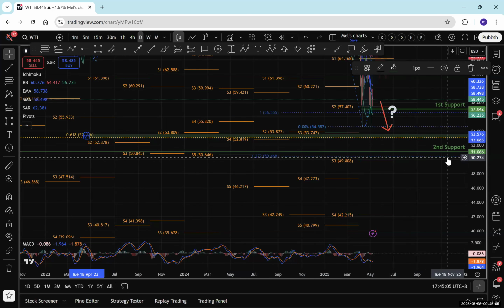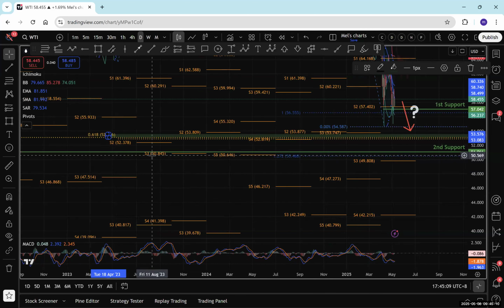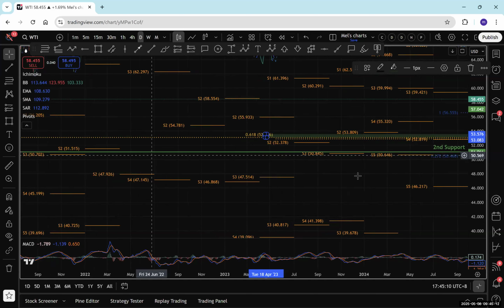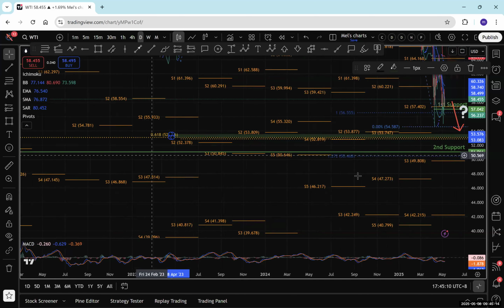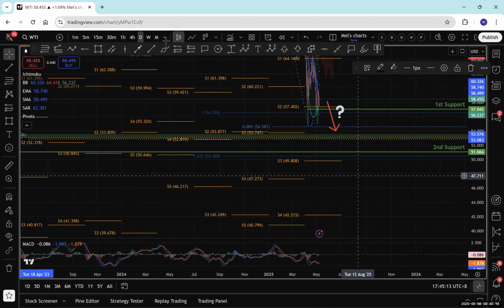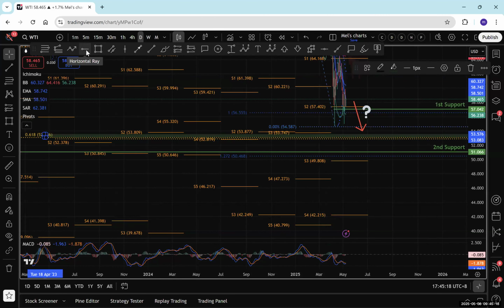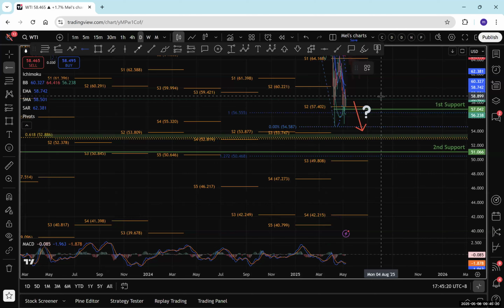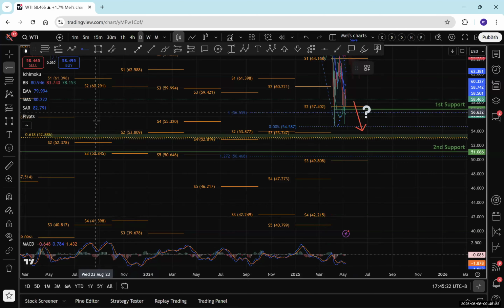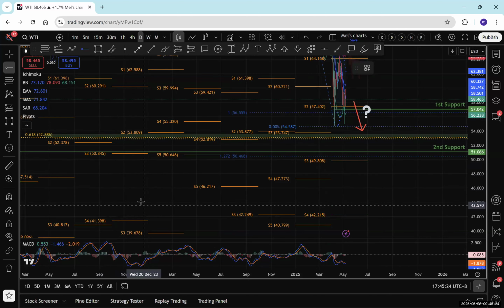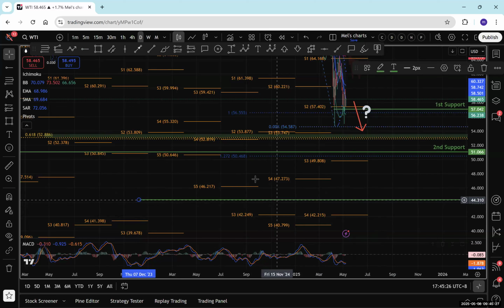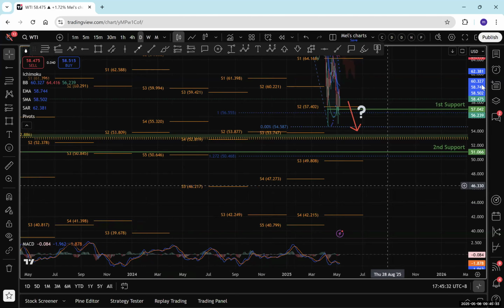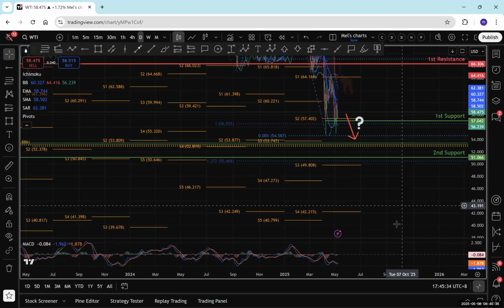My second support, you can see it's supported by the S3 and S5 previously. So basically, when you have more pivot points that line up with your level, the more accurate or the more useful your resistance and support levels are. You want to avoid having levels that are somewhere here, where there are very few or no levels lining up at all. Okay, that's how I would use pivot points.